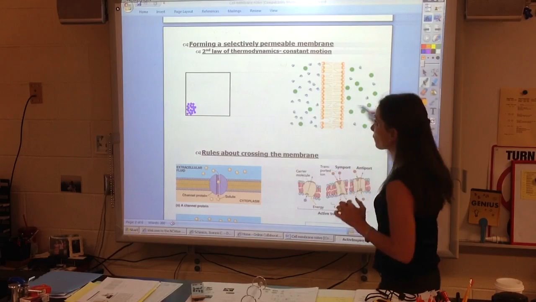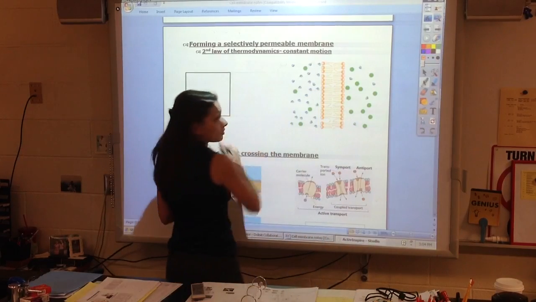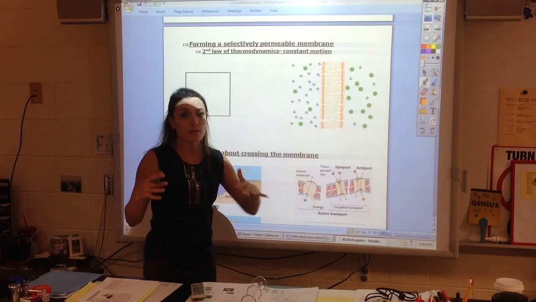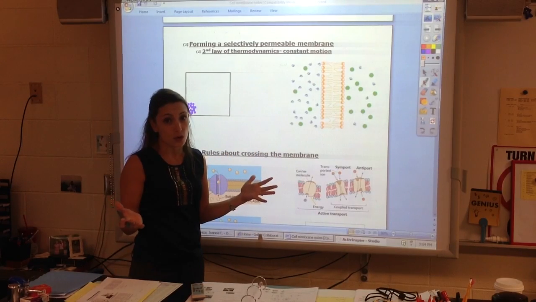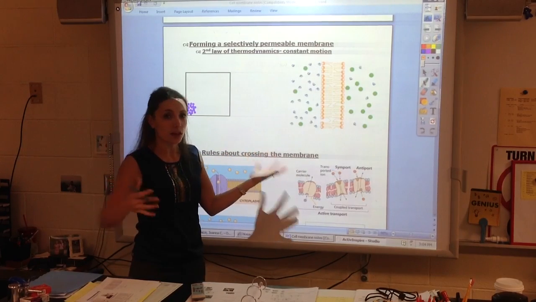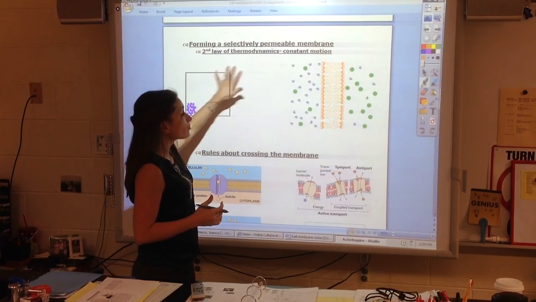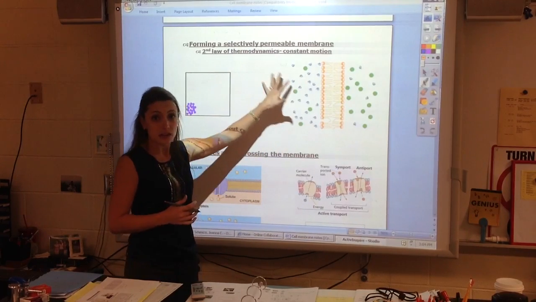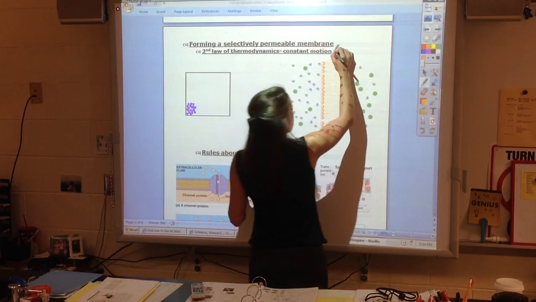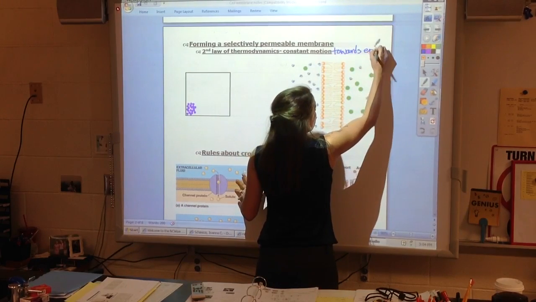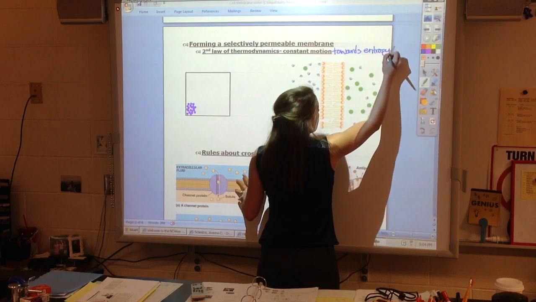And this has to do with the second law of thermodynamics. The first law is that energy and matter are neither created nor destroyed. So that's the first law. You can't make it, you can't destroy it. The second law is that molecules are in constant motion, actually towards what's known as entropy or disorder.